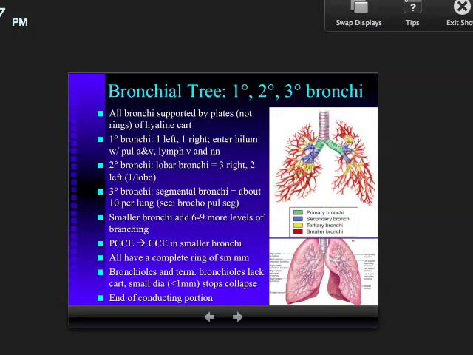Until we get down to those really tiny ones of just 1 millimeter diameter, we no longer have to worry about it collapsing on itself; the smooth muscle has enough body to keep it open. Those are the bronchioli, and the bronchioli will take us the rest of the way, finishing out the conducting portion of the airway.